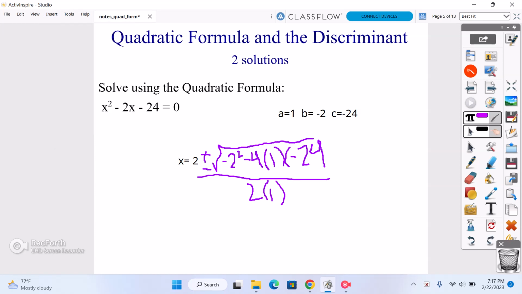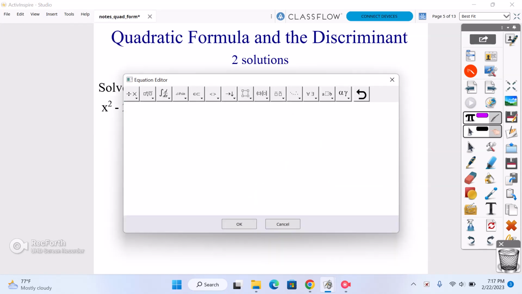I'm going to put this into MathType equation so it looks a little nicer. x equals, I'm going to bring up my whole fraction here.